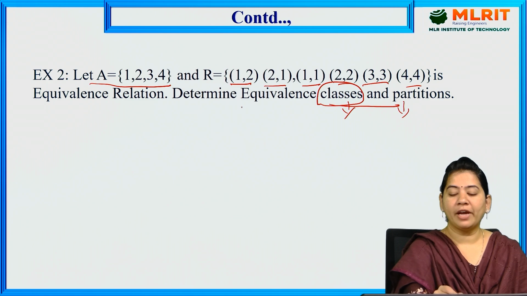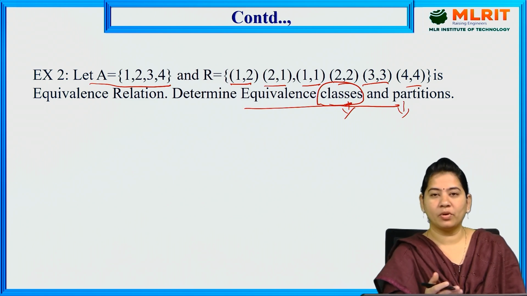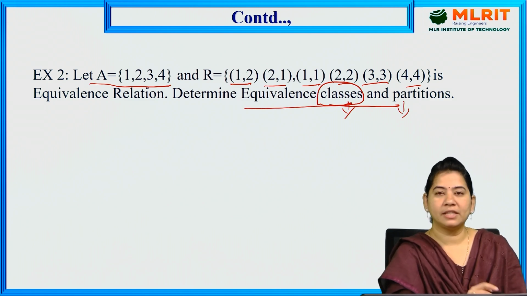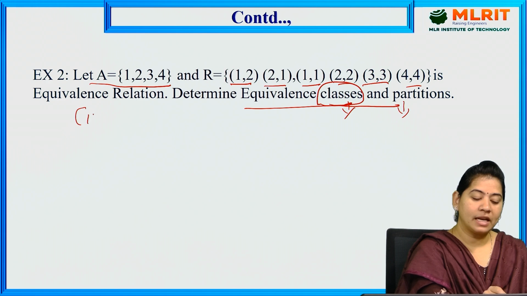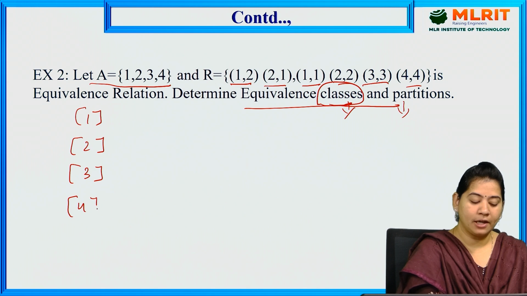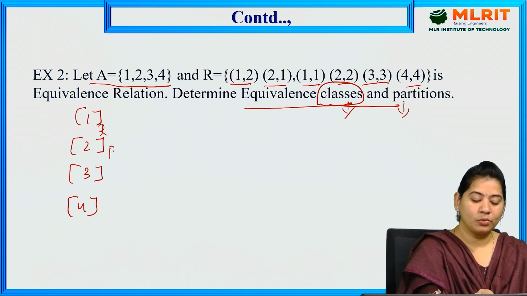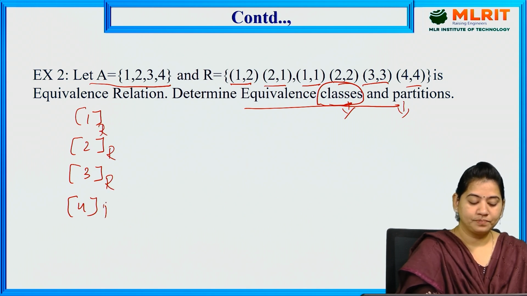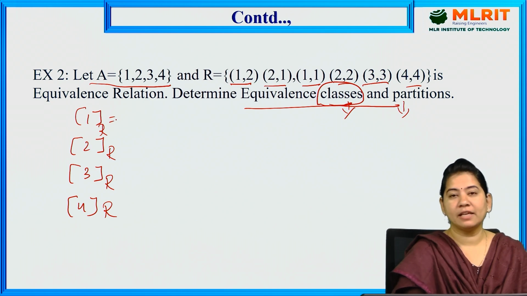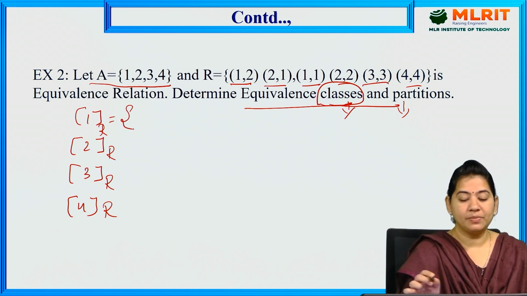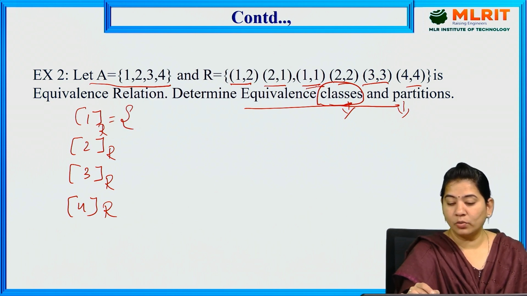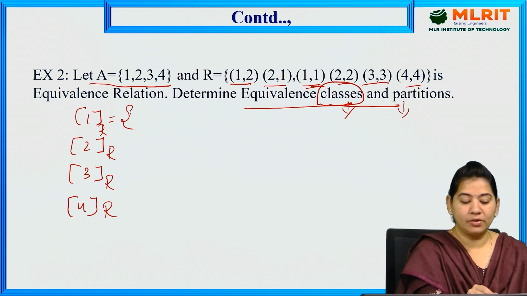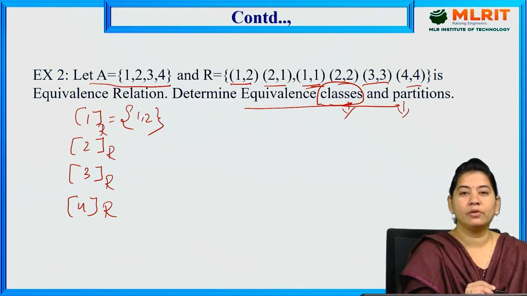Now, to find the equivalence classes, it is based upon the number of elements in the set A. Here we will get a total of 4, as we have 1, 2, 3, 4 in the given set A, with respect to R. So the equivalence class of 1: if you observe, 1 is related to 1 and also to 2, so you get {1, 2}.